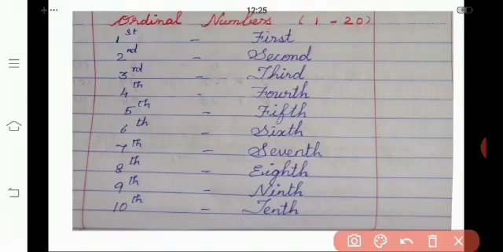See, we can write like this in ordinal numbers. First. The next one, second. Third. Fourth.